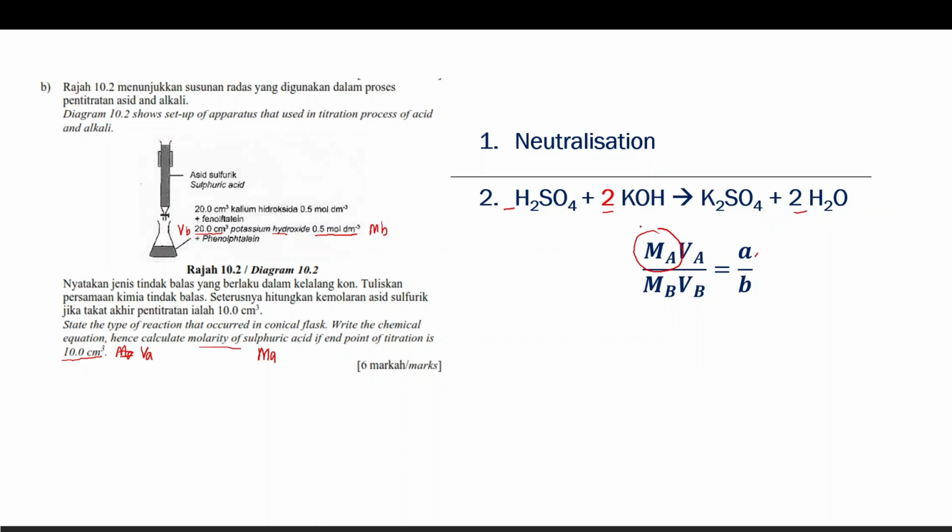Then B is for the base, the alkaline, so it will be 2. So we replace all the information here and find the MA. You can cross multiply and use your calculator. So you will get the MA, it will be 0.5 mole per cubic decimeter.